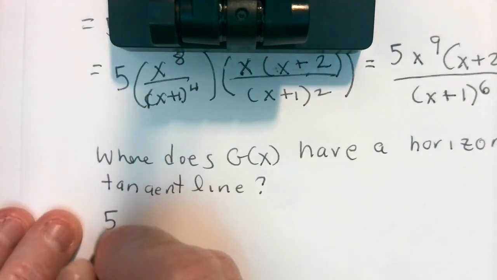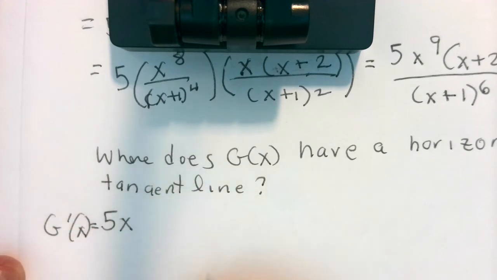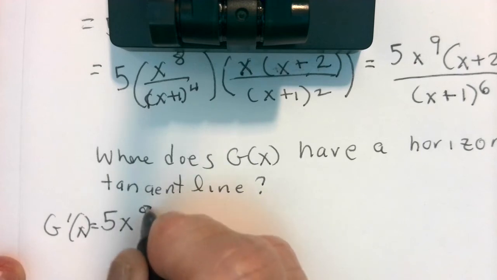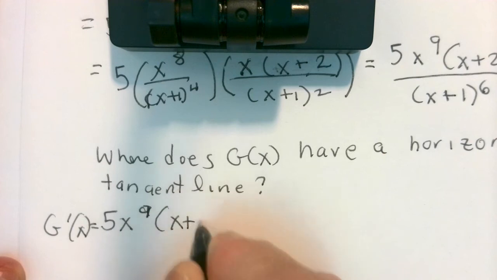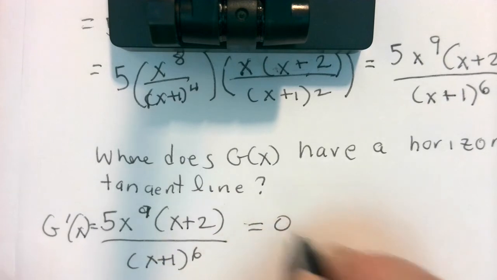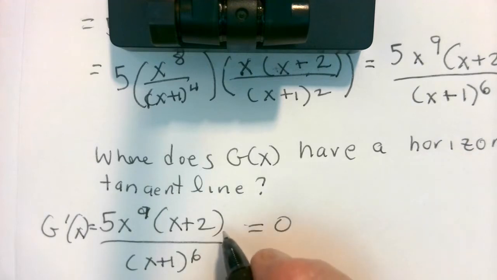So we take the derivative, which is this g prime x, and we set it equal to 0. Because remember, our horizontal line has a slope of 0.